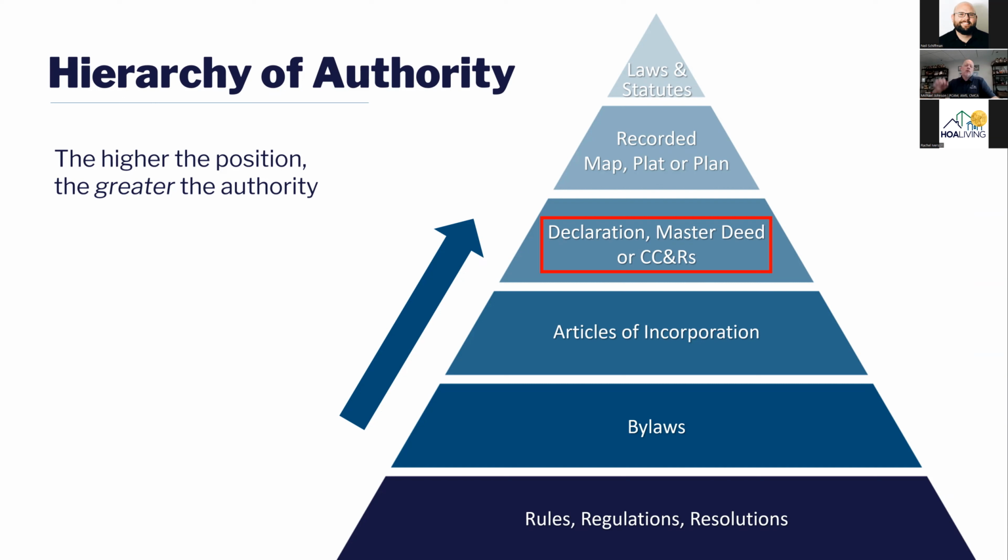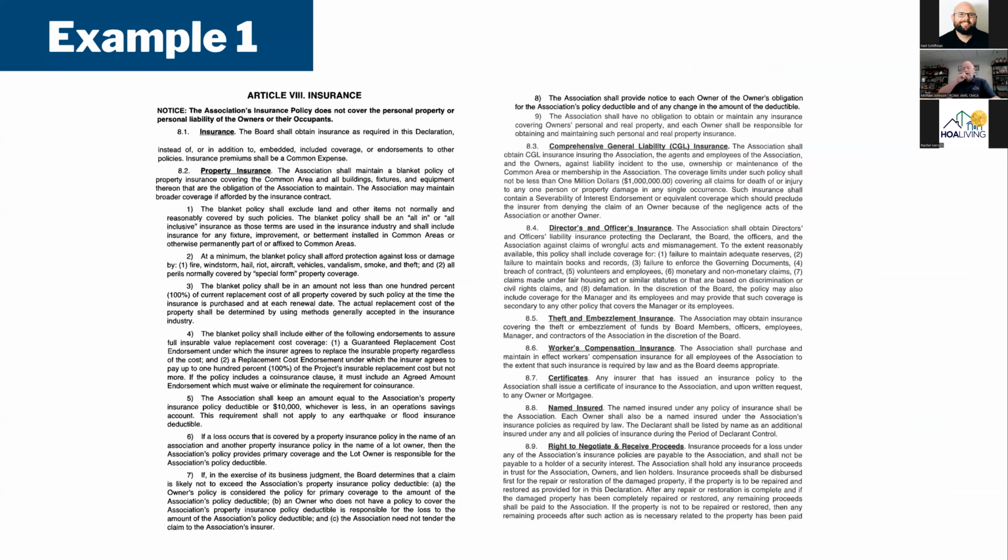Sometimes you see that in bylaws, but the crux of the insurance requirements are going to be in your declaration or CC&Rs. You'll see entire sections that say insurance. That's a section in your annual review you want to go read and highlight.